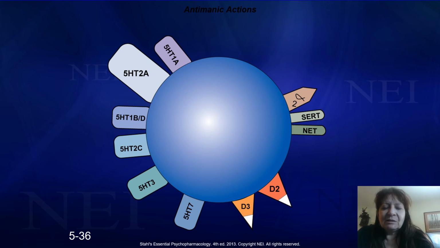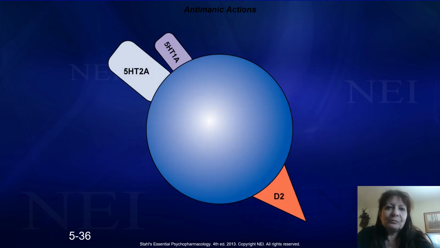In addition, this depiction shows us anti-manic actions, specifically D2, 5-HT2A, and 5-HT1A, but also the same ones resulting in the problems with cardiac and metabolic syndrome.